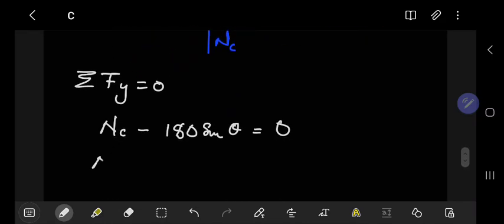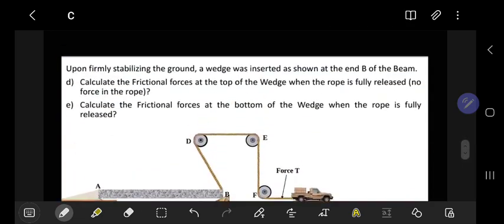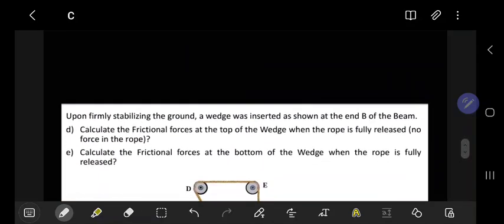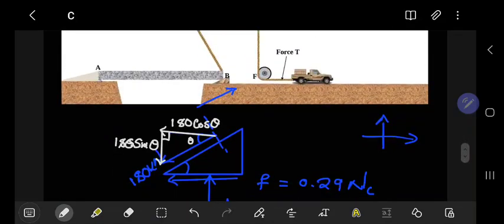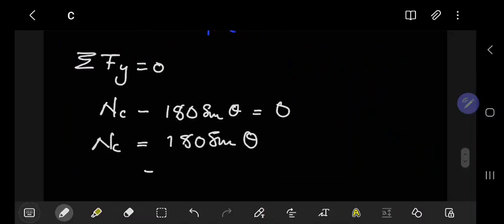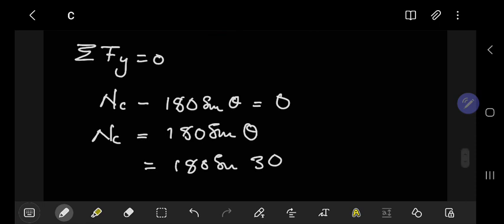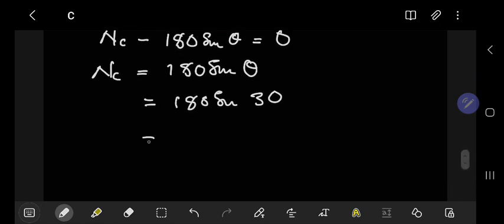So from here we end up with NC equals 180 sine theta. We do know what our theta is in this case. The wedge angle, I think it was 30 degrees if I do recall properly. That's 180 sine 30. And sine 30 is half, so 180 becomes 90. So this becomes 90 kilonewtons.